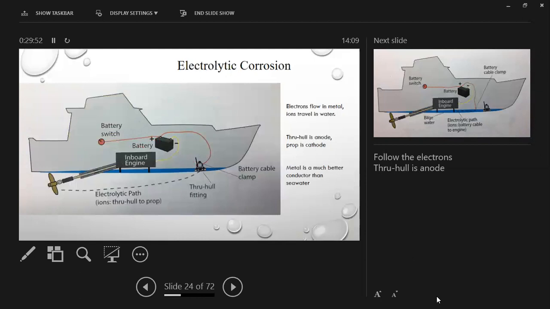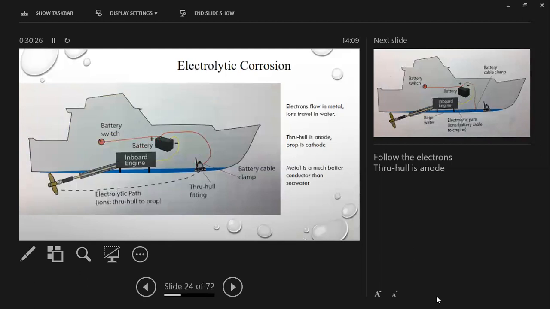Your bronze through hull now has a metallic path back to the positive terminal on your battery. Electrons will flow always from negative to positive, and you can't get any more positive than that battery positive cell. So you're going to have electrons flowing from this through hull through the wire to the positive cell of the battery.